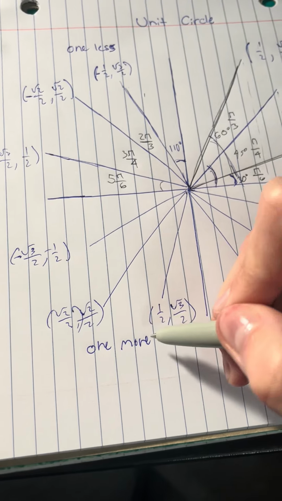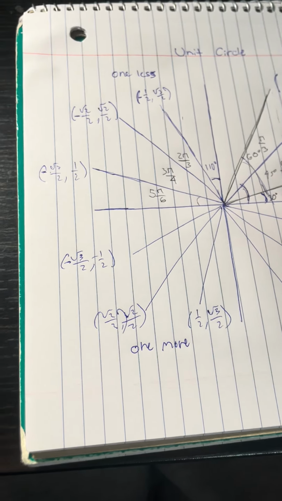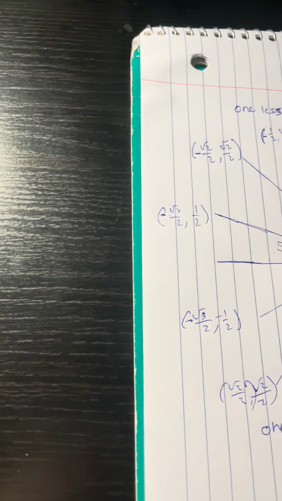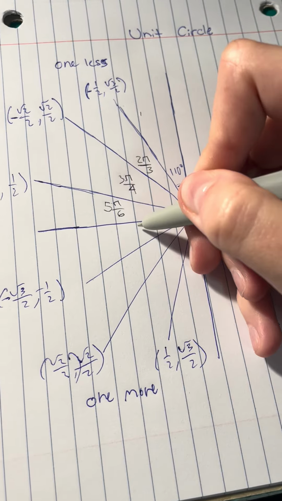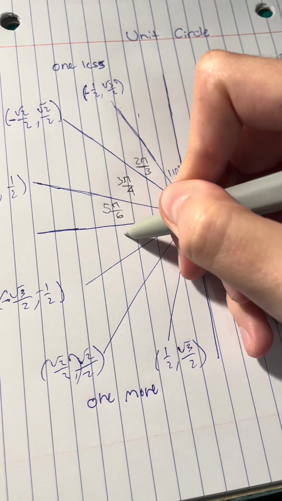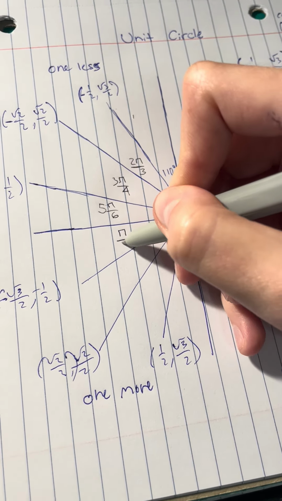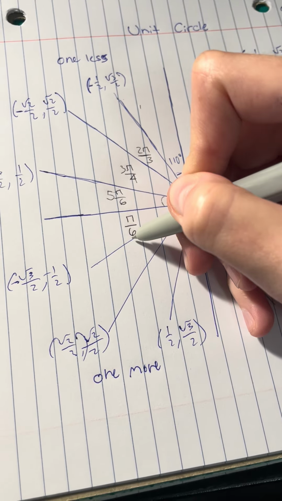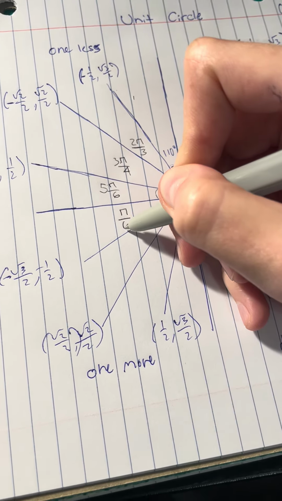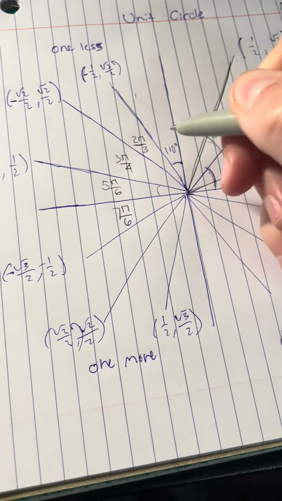This quadrant is going to be our one more quadrant. Right here from our x-axis, this is the 30 degrees, so the 3 goes with the 6, pi over 6. But this one's our one more, so 1 more than 6 is 7.